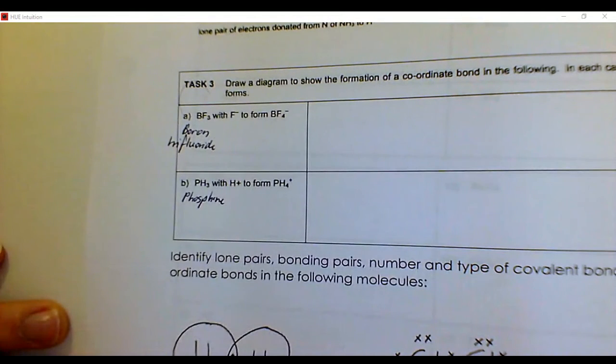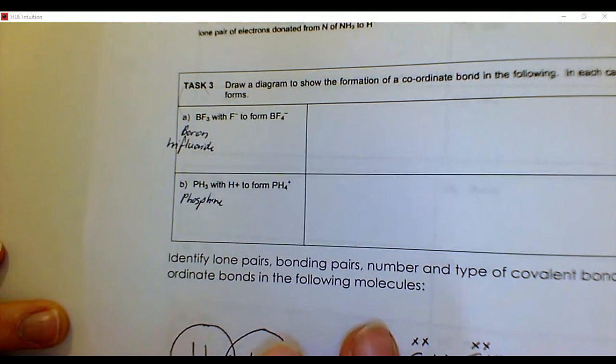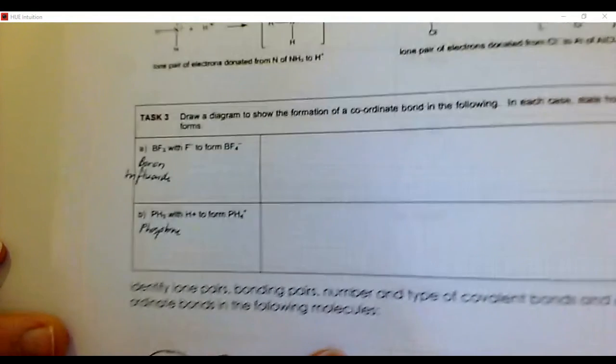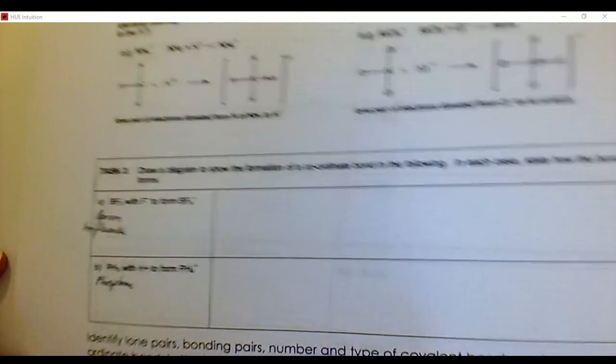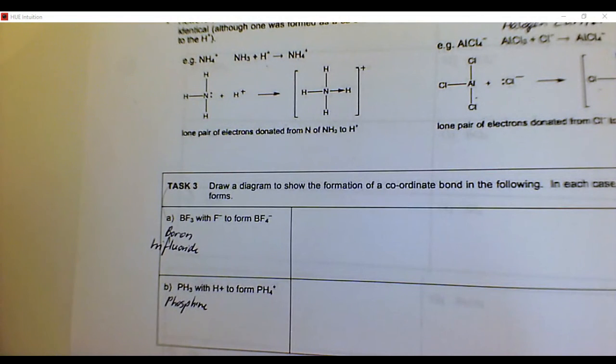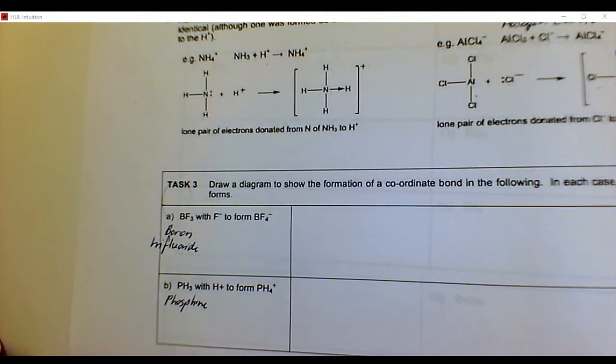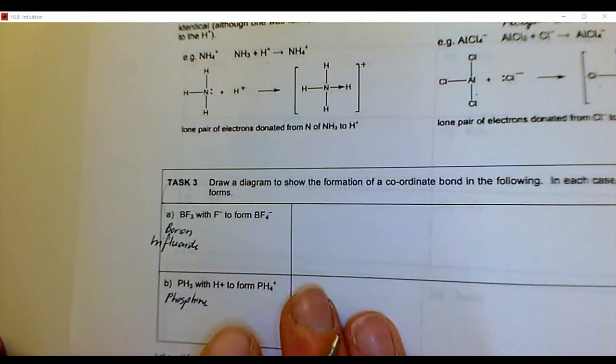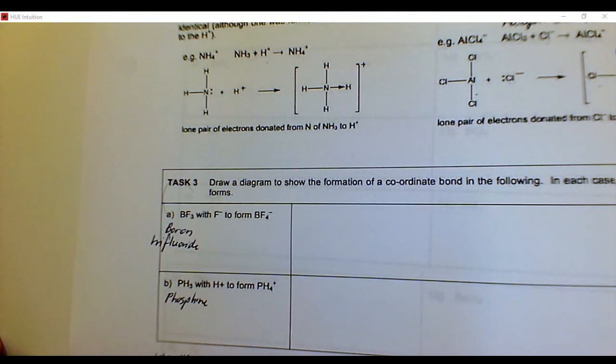All you want to do is show it like that. For now, we have to do a bit more work on Lewis structures before we draw the full thing, but you can certainly have a go at including all the electrons. So if you want to pause and have a go at this, and then check yourselves how you get on.